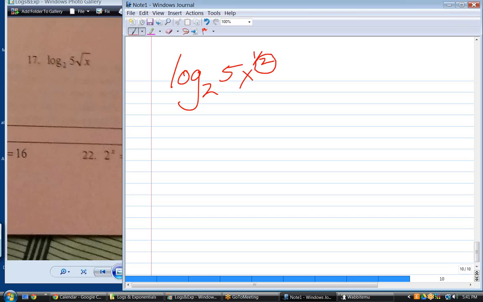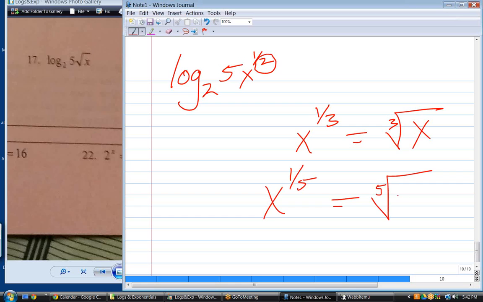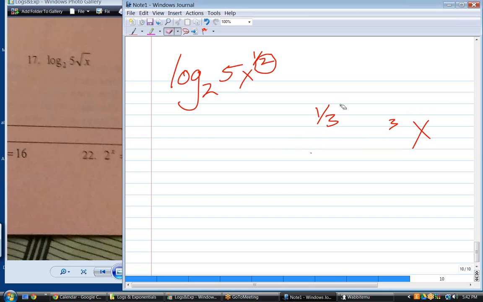That's always the root when you have a fractional exponent. If I said x to the 1/3, that would be the cube root of x. If I said x to the 1/5, that would be the 5th root of x. So when we have the square root sign, that's always going to convert to the exponent 1/2.